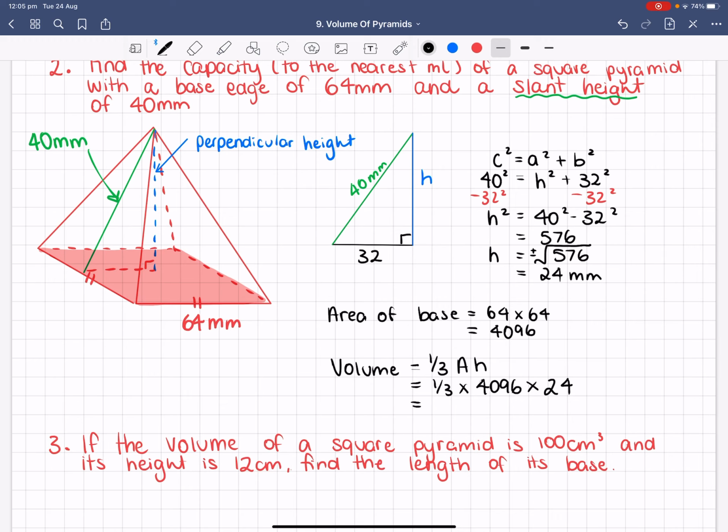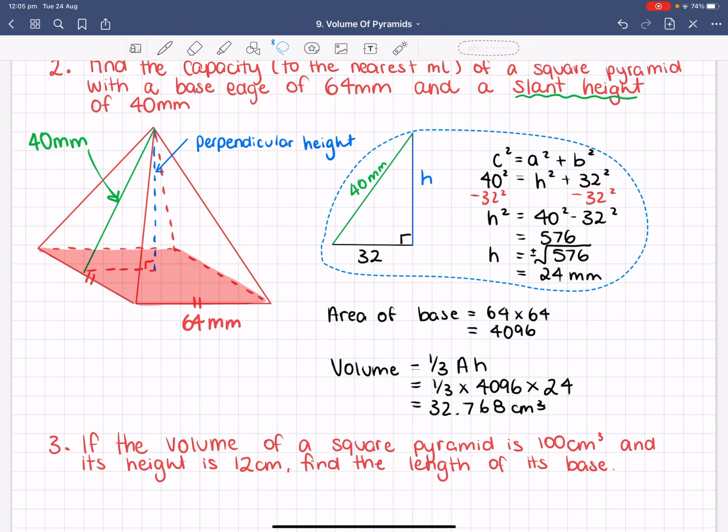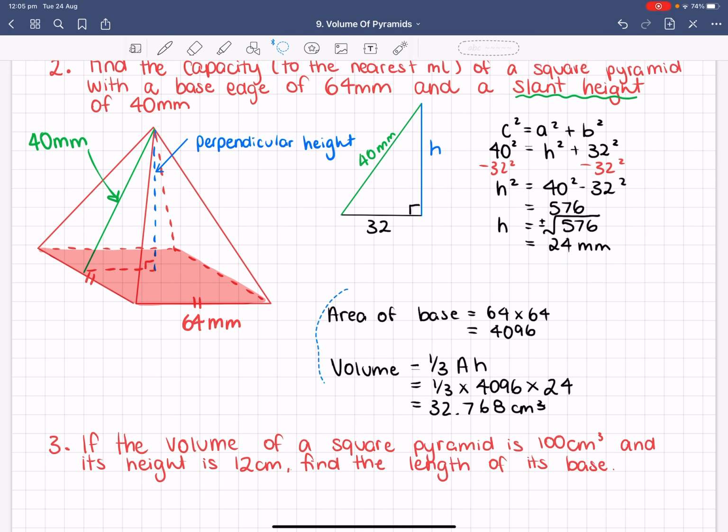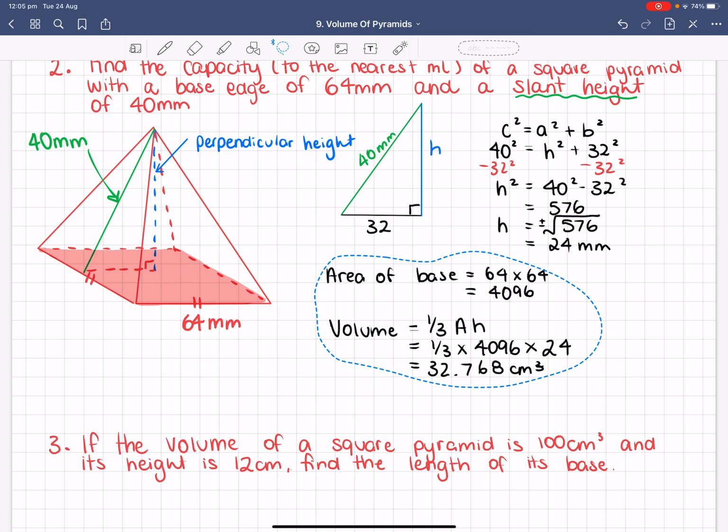And that gives us 32,768 centimeters cubed. However, we don't want volume, we want capacity. And if you remember, for capacity, 1 milliliter is equal to 1 centimeter cubed. So straight away, it's already in centimeters. Oh no, sorry, it's in millimeters, isn't it? My bad.